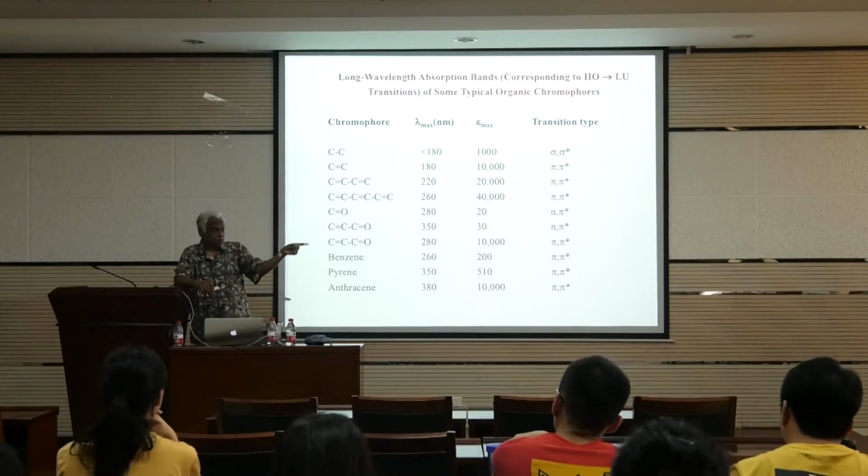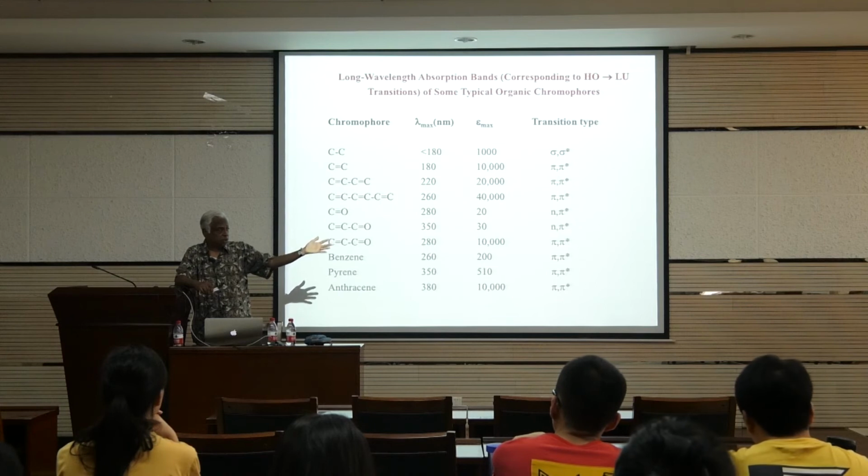Energy is h nu. So taking S0 to S1 for anthracene requires less energy, and the molecule will take only that much energy. If it wants only 50 kilocalories and you put in 100 kilocalories, you are not going to make it faster. It doesn't take that energy. The gap in anthracene is smaller and in benzene it is larger.